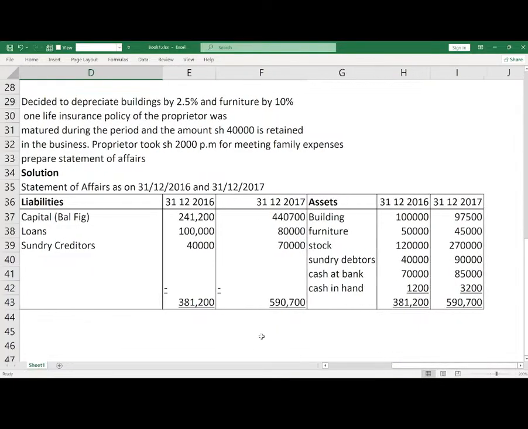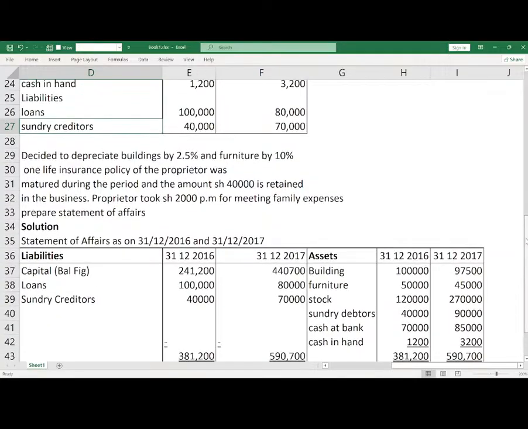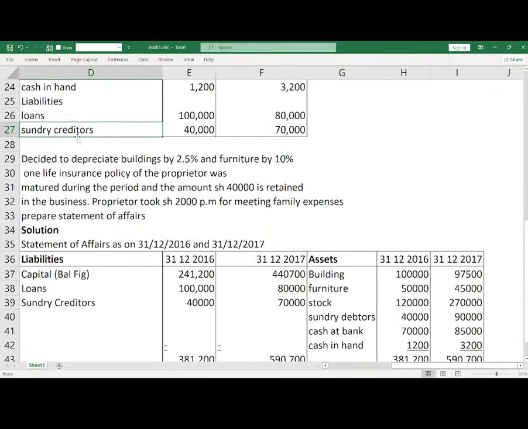So we are going to draw the two sides, the liability on the left side and the asset on the right side, for both years. Our liabilities, as you can see from our question, we are told we have loan and sundry creditors.